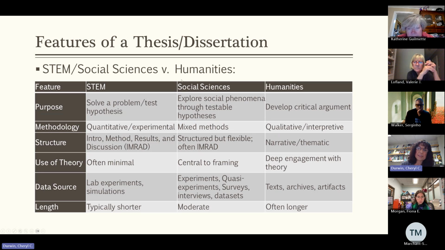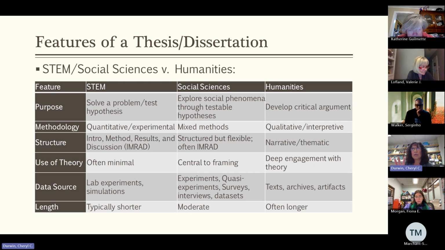We border on the STEM, so we're kind of right here. And what we do is we ask questions that are tested through hypotheses, much like in the STEM areas. We use this type of structure, which many of you might be familiar with: an introduction, method section, results, discussion section. And so those end up being your chapters.